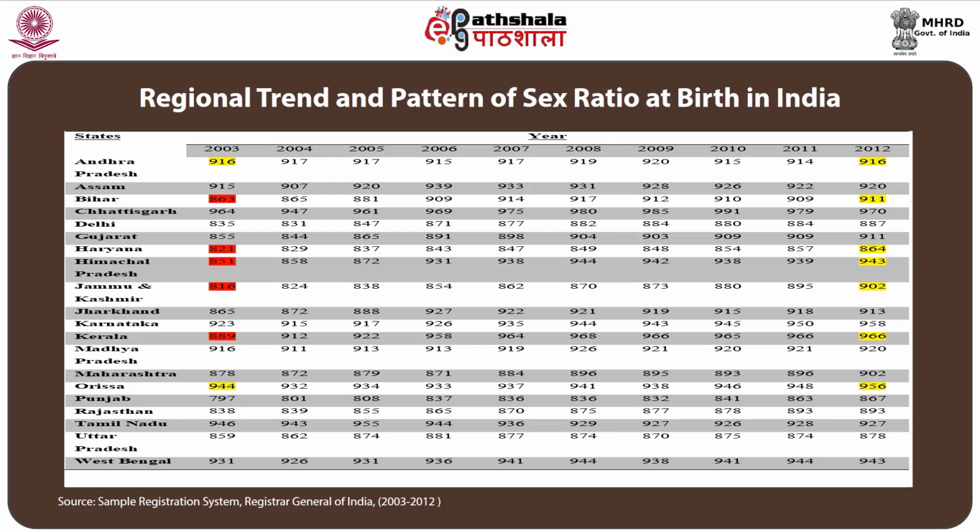Also, there are some positive signs of improvement for the last 10 years or so in some parts, but in general, it has been much lower than the normal sex ratio, which indicates that discrimination against female births is still very prevalent in many parts of the country. This is despite the fact that the government has taken several initiatives to avoid sex selective abortions through several measures and policies.